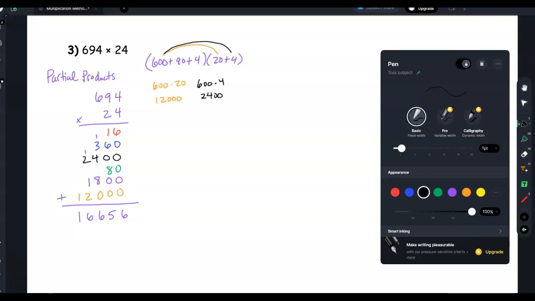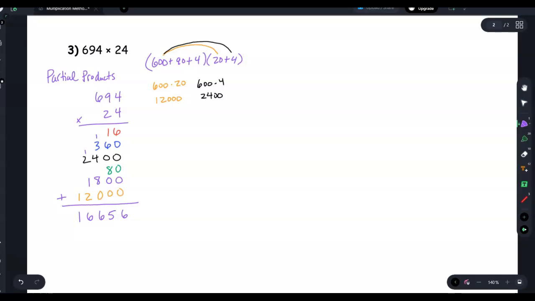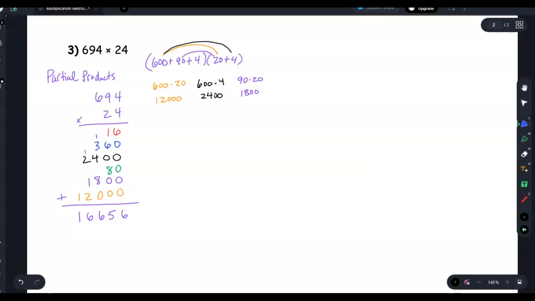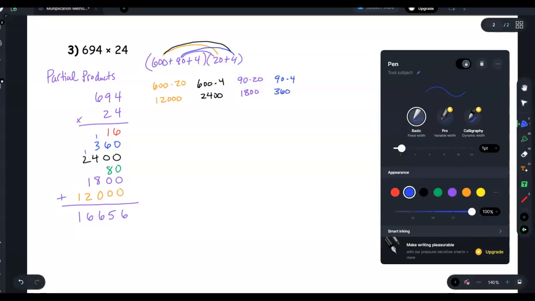So now I'm going to move on to the 90. So I'll start with 90 times 20, which is 1,800. And then let me do the 90 times 4. So that would take care of 90 times everything. Is 360. And then finally, I just need to do 4 times everything in that second box.